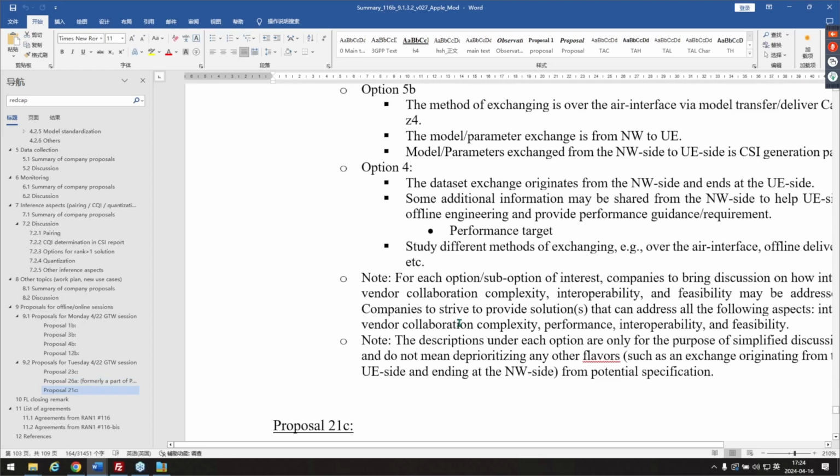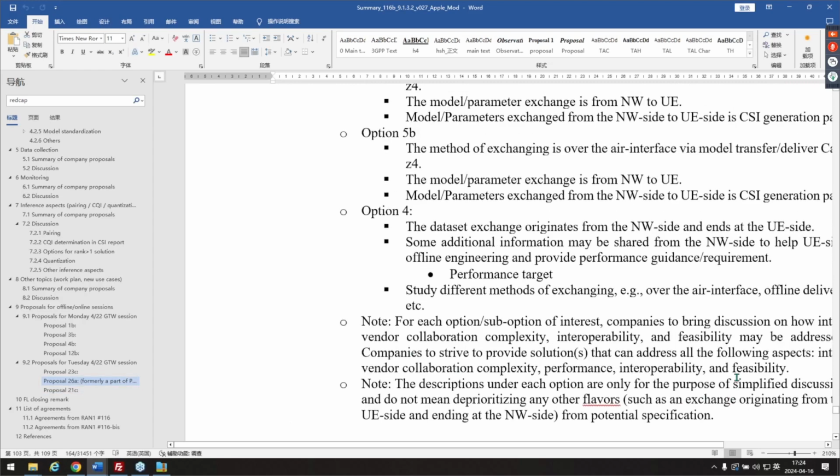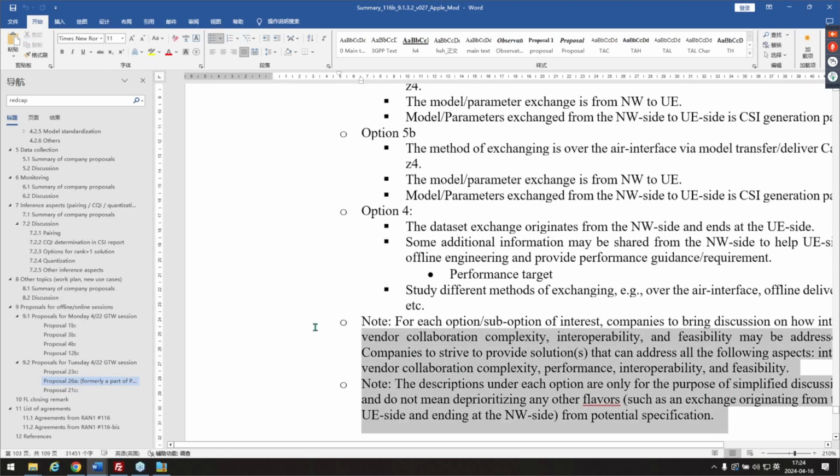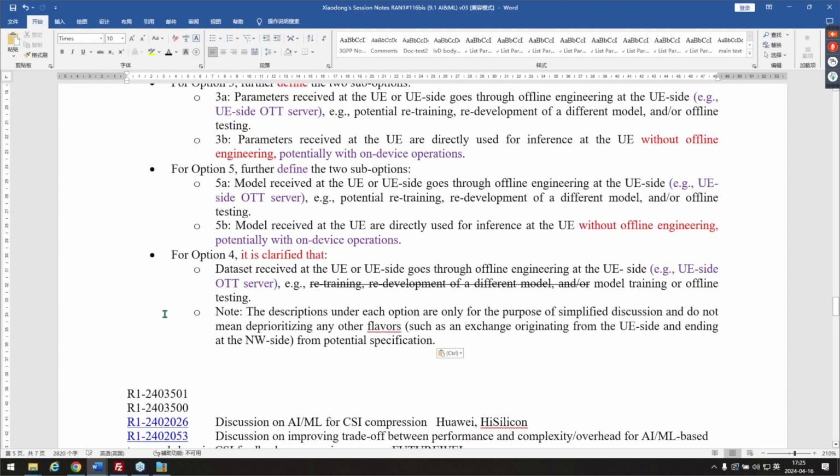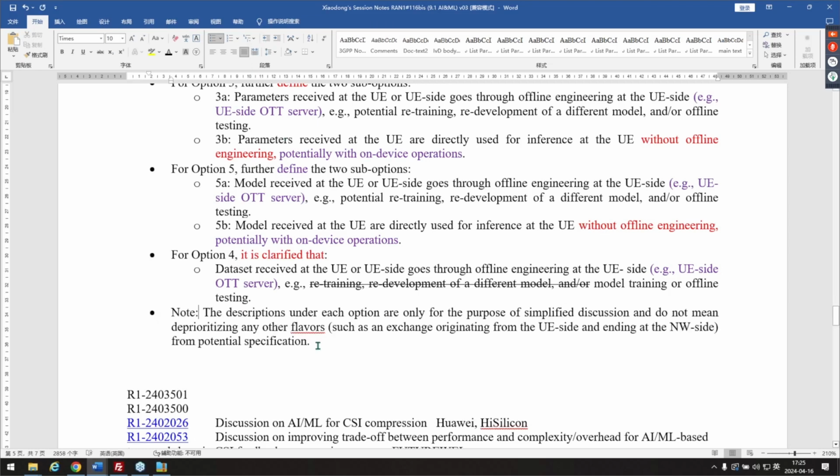Yeah, the last note. Copy just the last one to the definition so we get this cleared. It doesn't mean that we're prioritizing either way. Which one? Sai.